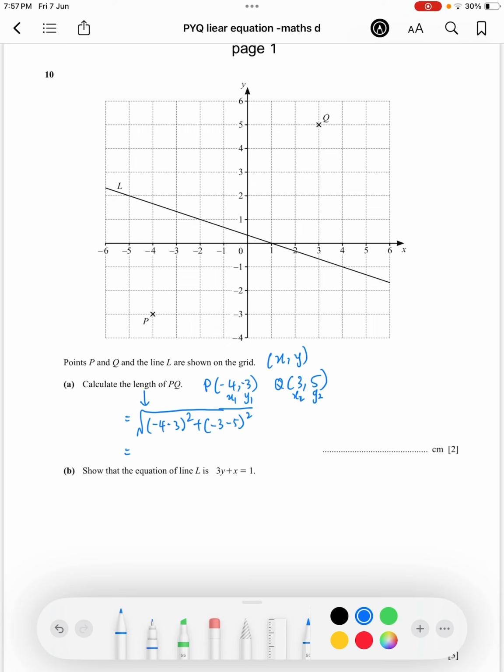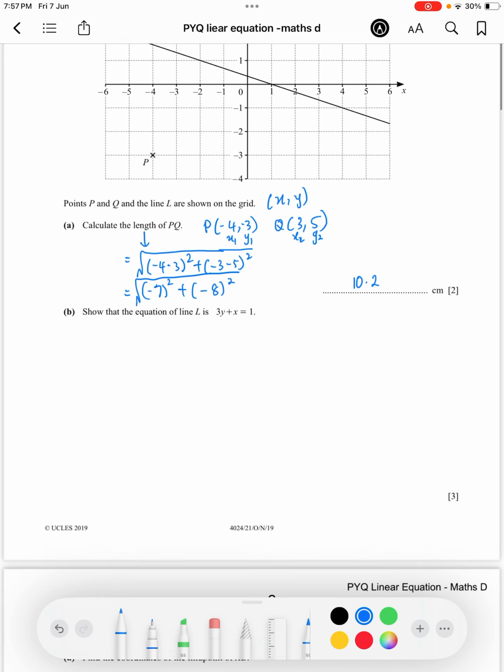So this one you get -7 squared plus -8 squared, and then square root, do not forget, and you should get the answer. Correct to 3 significant figures, 10.2.